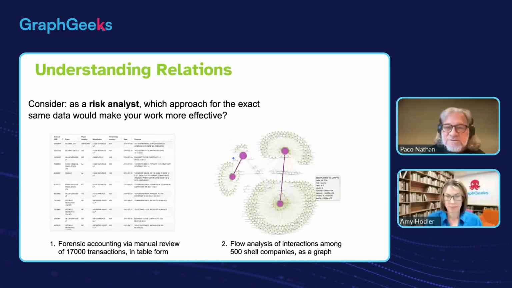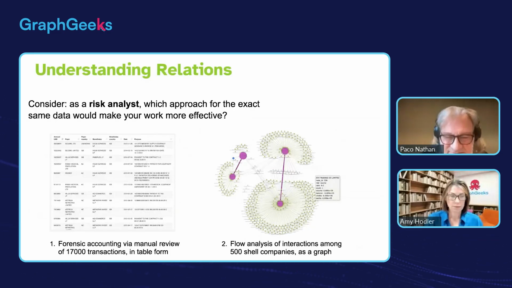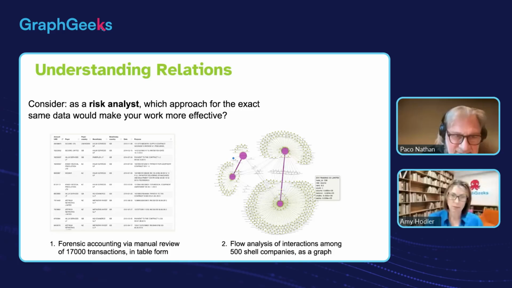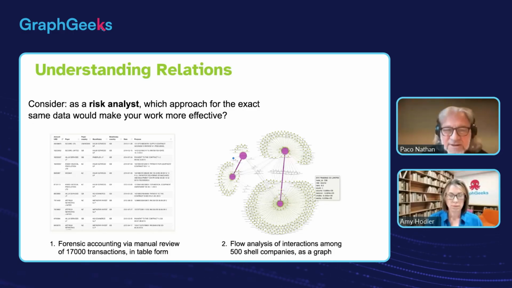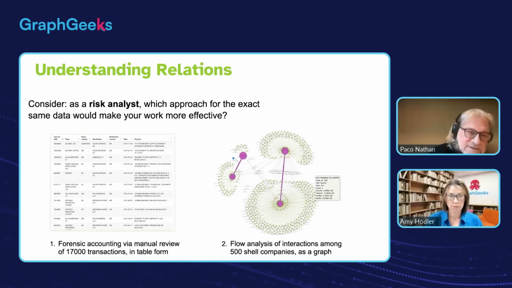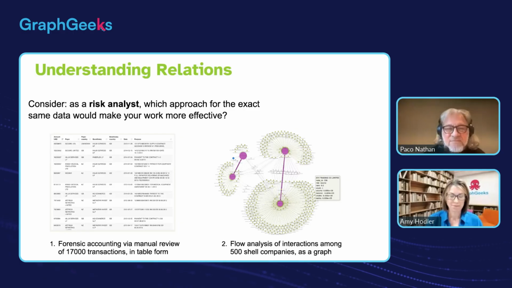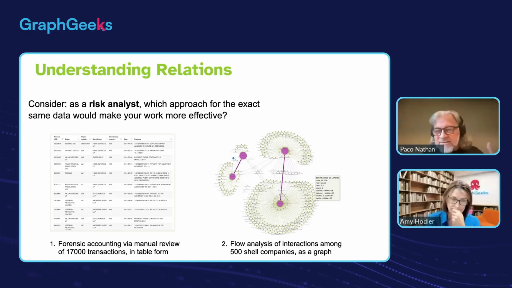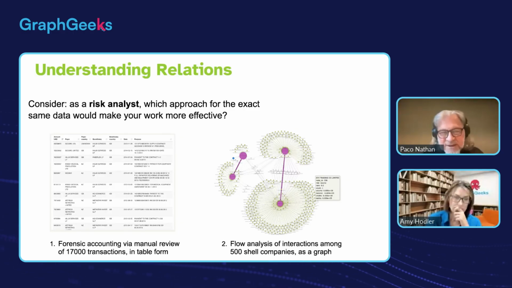Consider this. If you're a risk analyst and you're having to track down some forensic accounting, you've got thousands of money transfer transactions at the bank, typically you're looking at it like the left-hand side of the screen. You're seeing a table, and your mind is becoming scrambled because professionals working on behalf of, I don't know, the Kremlin, have been hijacking a bank in Estonia, which is a branch of Danske Bank.